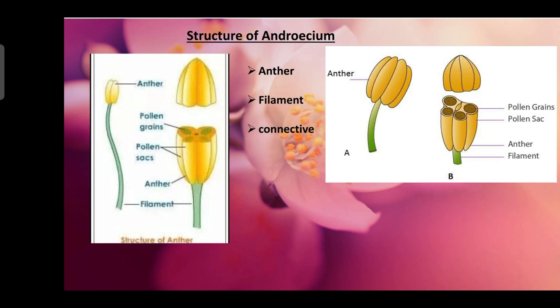ಮತ್ತೊಮ್ಮೆ ಹೇಳ್ತೀನಿ, androecium ಅಂದರೆ it is the male part of the flower. It is named the stamen. It has two main parts here, filament and anther. Filament is a long, slender, tube-like structure. ಎರಡನೇದು anther ಅಂತ. Anther ಹೆಂಗಿರುತ್ತೆ? Anther is bilobed in nature. Filament ಏನು ಮಾಡುತ್ತೆ?